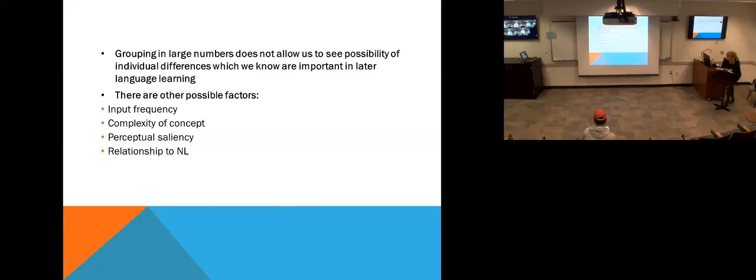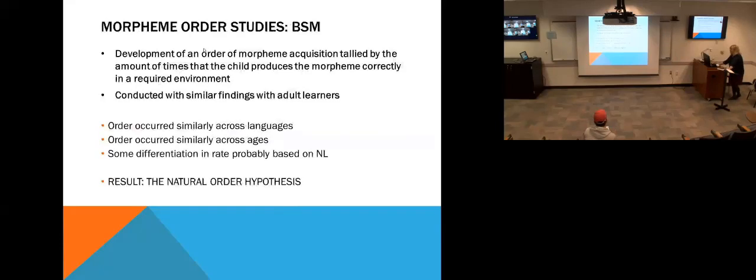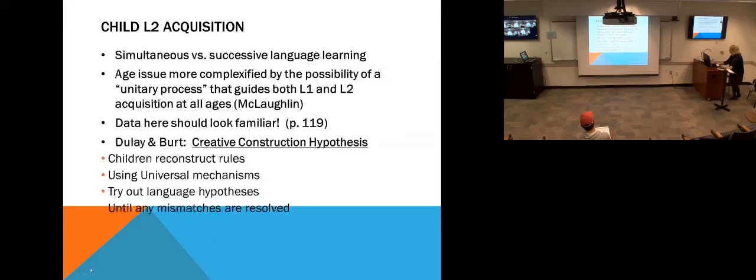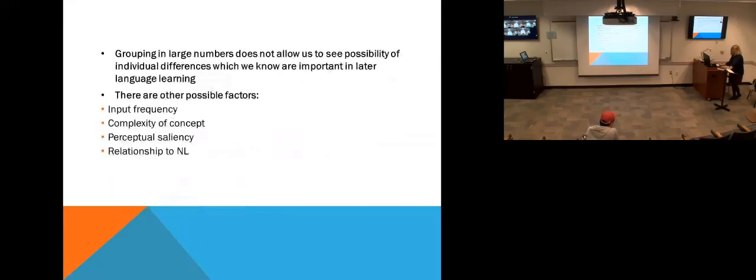And there are other possibilities. We've said that the implication of the fact that you have this same order occurring across learners is that there's some kind of unitary process, right? But there could be other factors involved in that. One very important one could be input frequency.